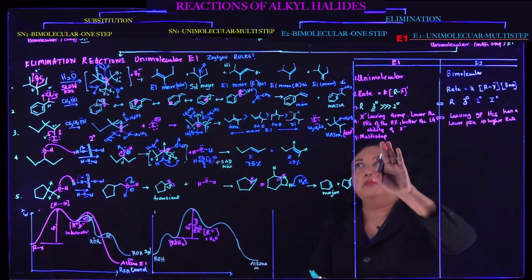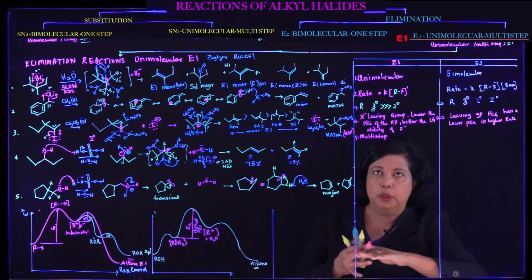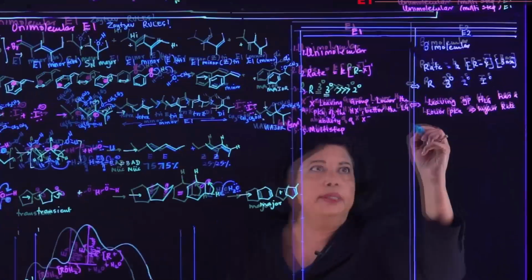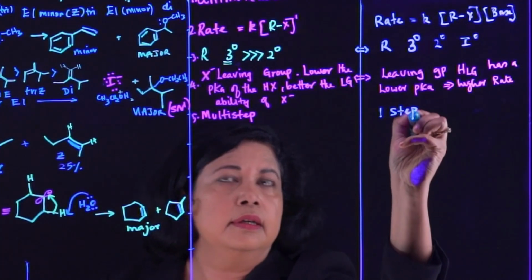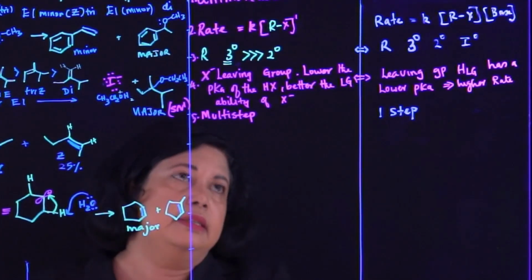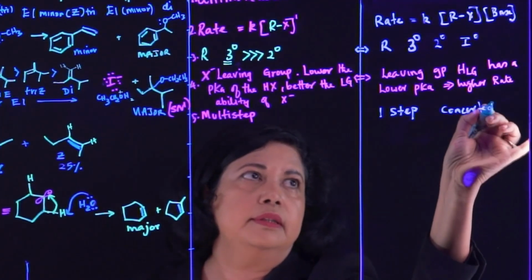Okay, this is multi-step. Here it all happens bam, wham in one step. So this is going to be one step. This is non-concerted, this is concerted. That's pretty much the definition of one step.